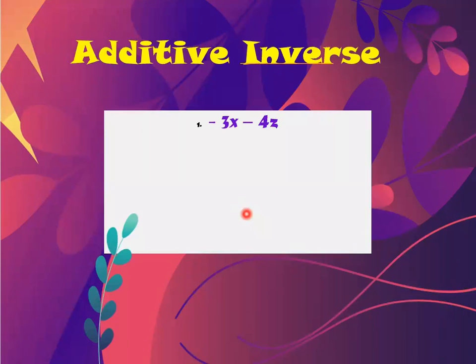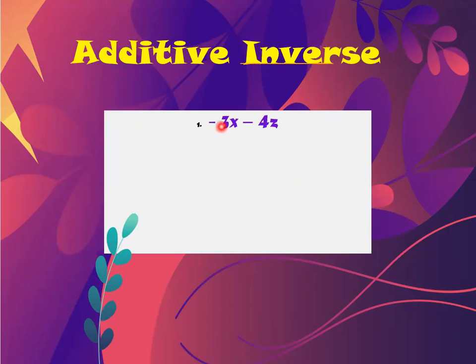Now look here. Just suppose you have 3x minus 4z. For this, you should know what the additive inverse will be, because in subtraction we will write the additive inverse of the subtrahend. The additive inverse means you will write the opposite sign.